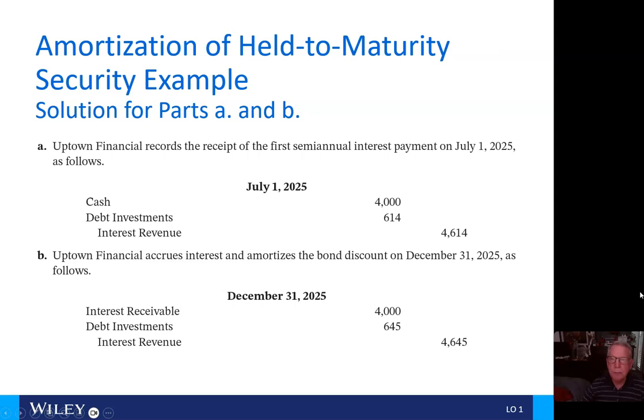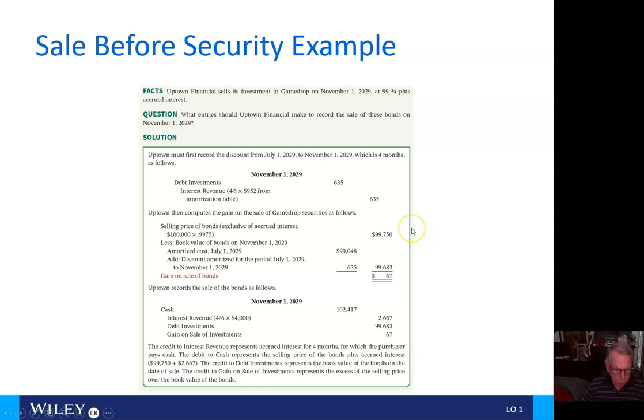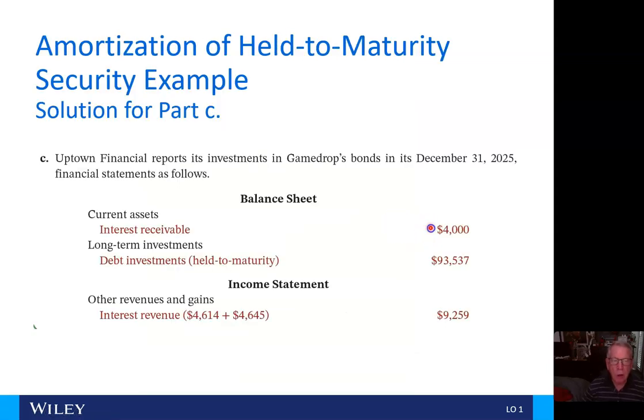Okay, then under Charlie, they report its investment in GameStop's bonds in its December 31, 2025 statements as follows. Okay, on the balance sheet, we're going to record the interest receivable of $4,000 here.